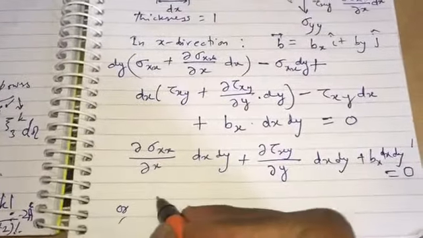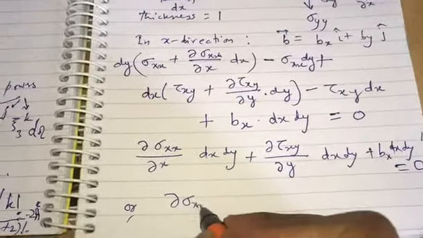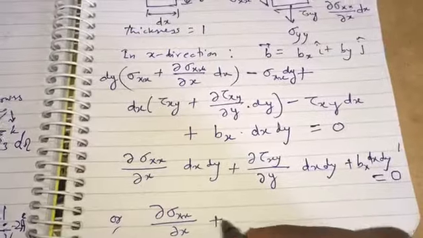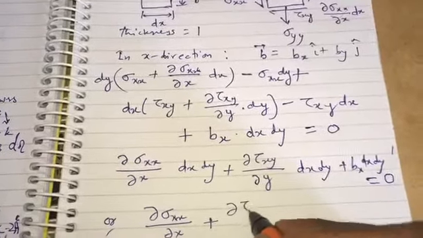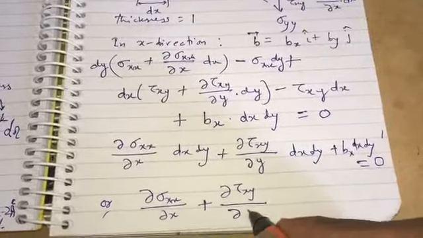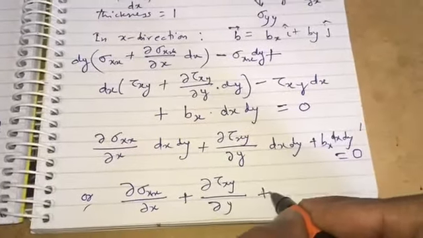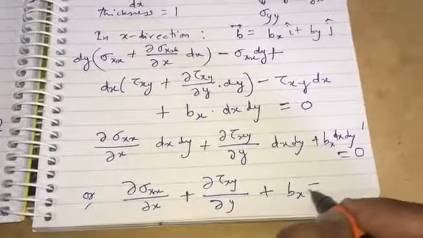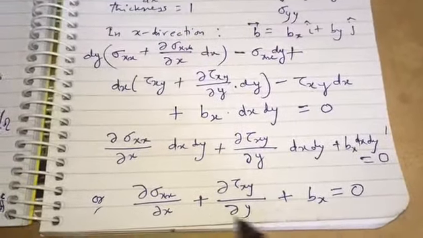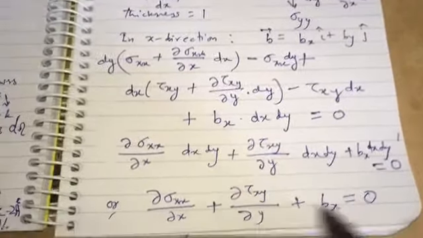Or we can write del sigma xx over del x plus del tau xy over del y plus bx equal to 0. So this is the equation of equilibrium in x direction.